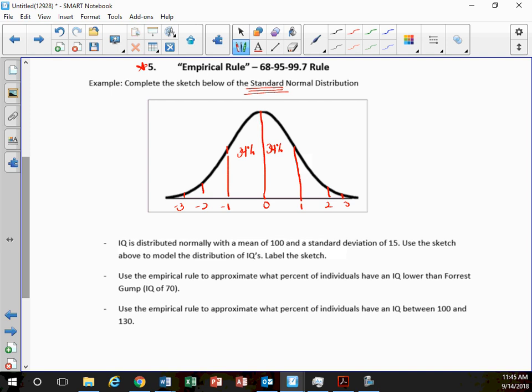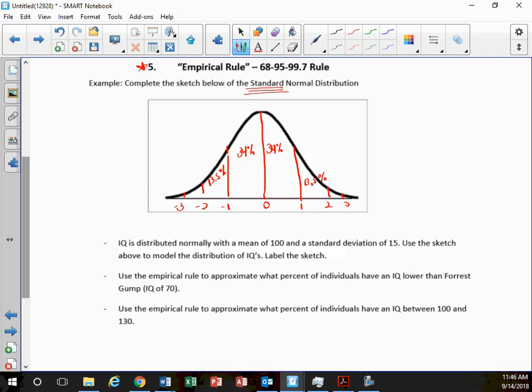We know all of it is 95, so what am I going to find in each of those little sections? Close. What do you think, Alex? Not quite. 13.5. Good. How'd you get that? 95 minus 68, divided by 2. Yes.